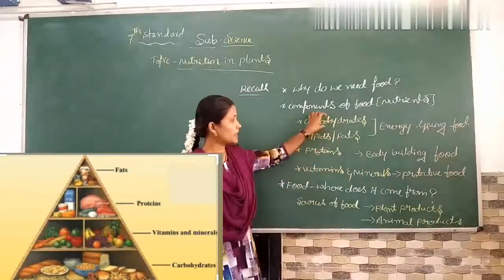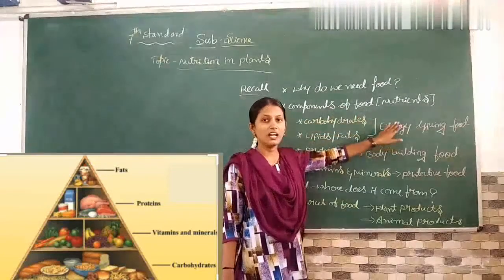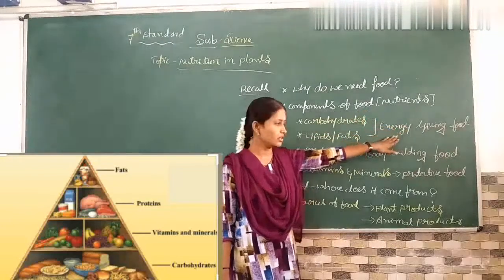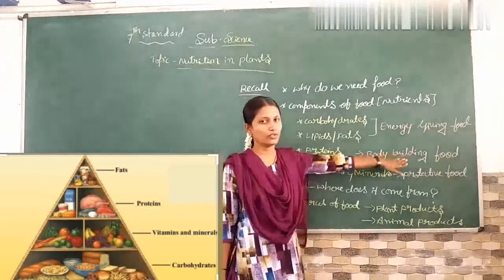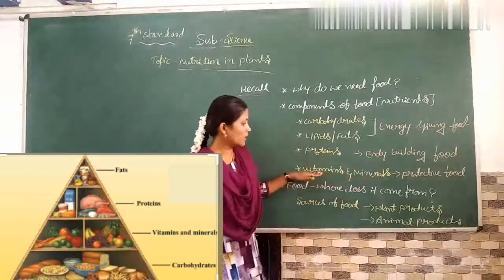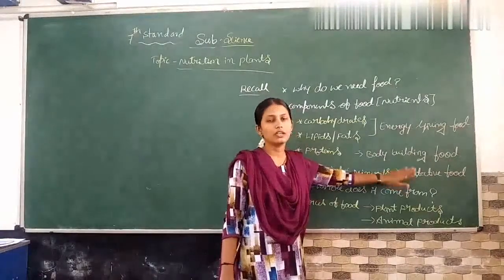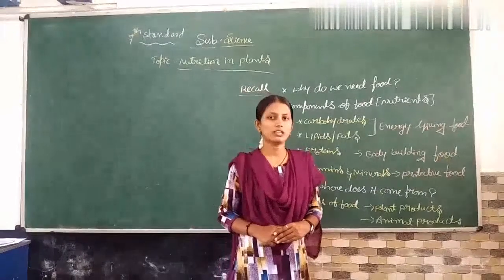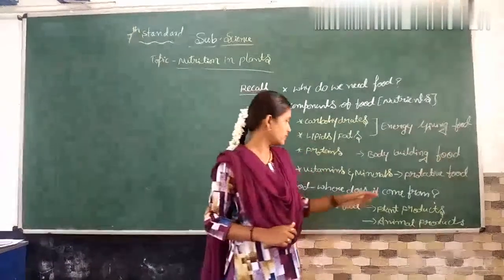Carbohydrates and lipids we call energy giving foods. Proteins we call body building food. Vitamins and minerals we call protective food. Besides this, we also need roughage and water, which are also most important for survival.